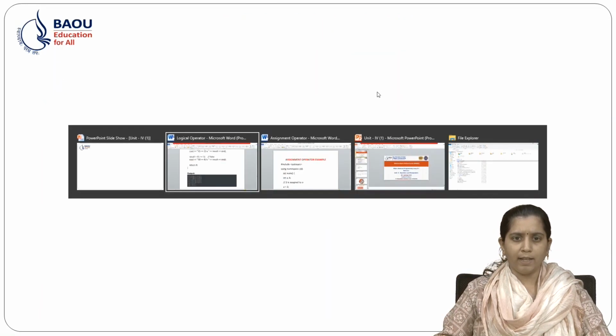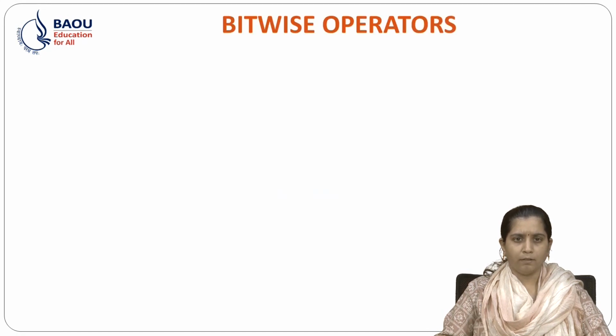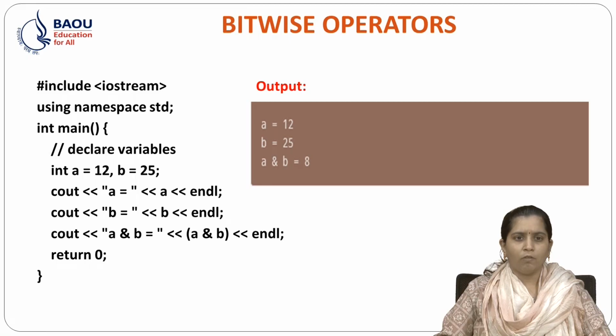Now let's see one example of a bitwise operator. Here, I have taken two variables, int a is equal to 12 and b is equal to 25.